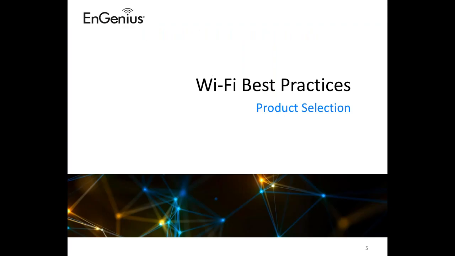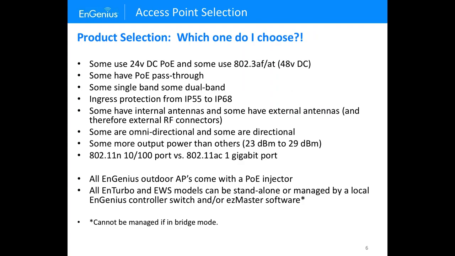Now we're going to cover product selection. One of the things that comes up, and I covered this with the indoors, is that for the outdoor stuff we have a lot of different models. Ingenious has a lot of different outdoor ones. Some are 24-volt DC, proprietary PoE, and some use the standard 802.3af/at power, 48 volts DC.